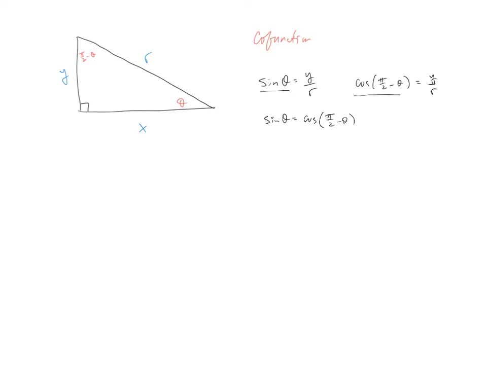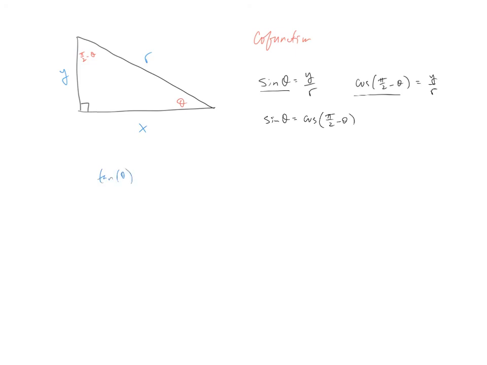Now you'll find that because of the names, the cofunctions, they're all going to do that. Sine and cosine, tangent and cotangent, secant and cosecant will all do the same thing. So maybe I'll show one more on here, and then I'll leave the rest to you guys. So let's say we want tangent of theta.